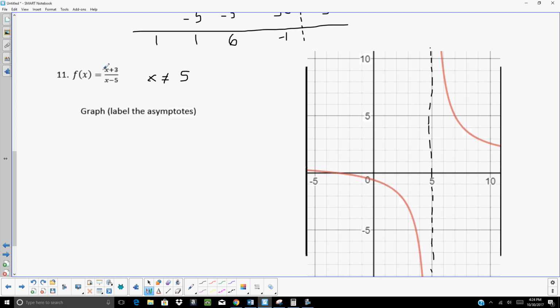And if I wanted to, there's a couple different ways I can figure out that horizontal asymptote. I could go ahead and just do a quick long division, which I know everybody kind of groans at, but on this one, it's really not that bad. Because x only goes into x one time. Subtract that, and you're going to get 8.